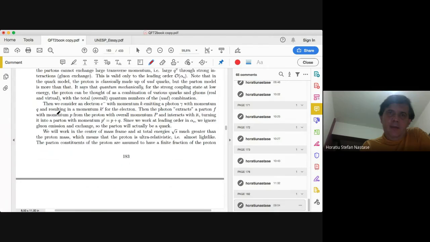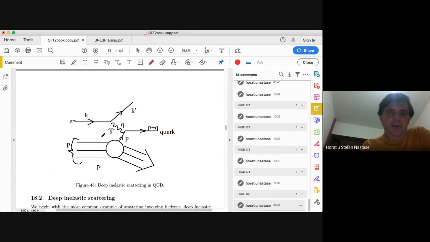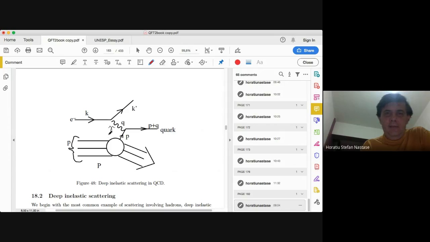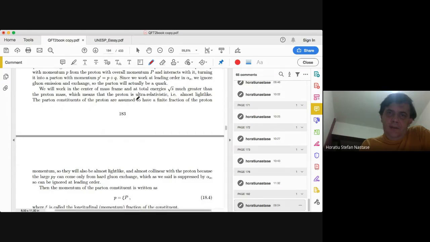So that's the meaning of having a perturbative or deep inelastic scattering: the overall energy of the collision, square root s, is much higher than the mass of the constituents, in particular the mass of the proton. So the proton is ultra-relativistic, so it's almost massless.